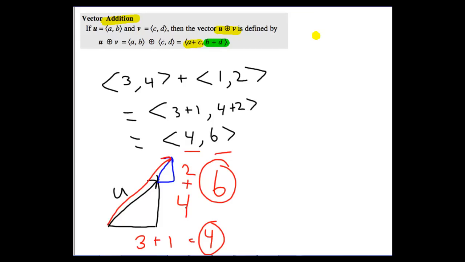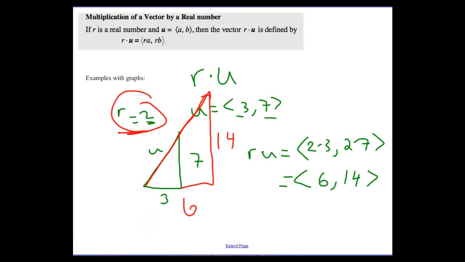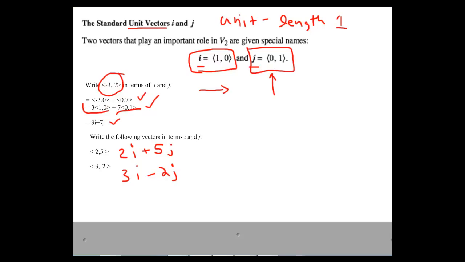And we can add vectors like we did here. Oh, and we add vectors tip to tail. And then we can multiply vectors by a number. And then we have these standard vectors, i and j, which have length 1, which means they're unit vectors.